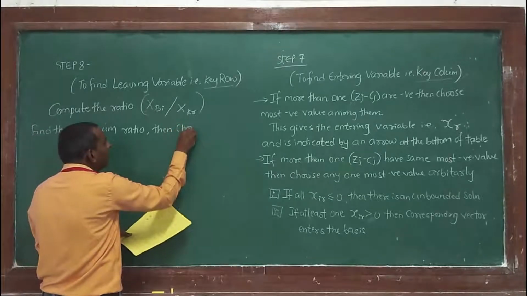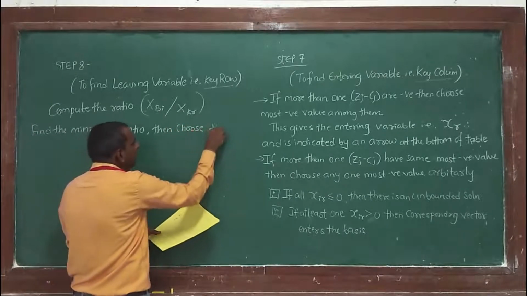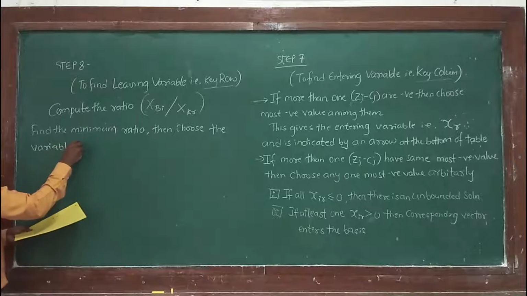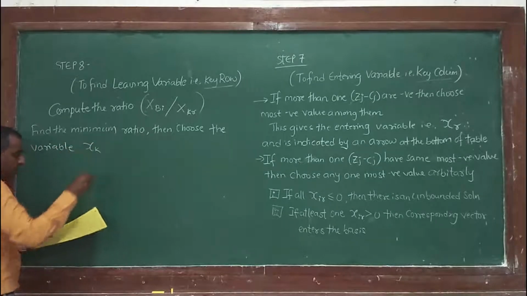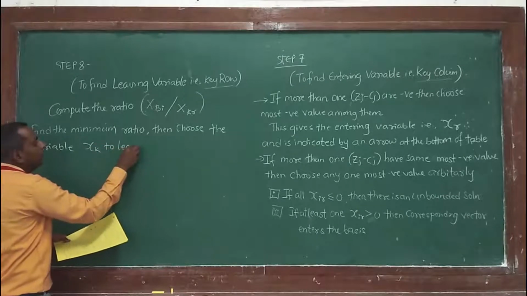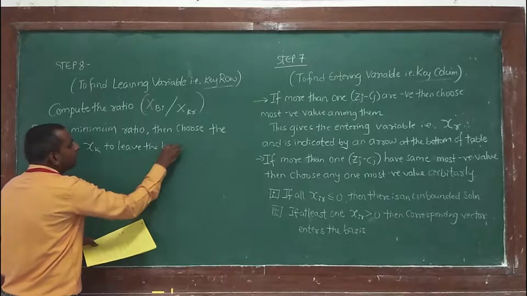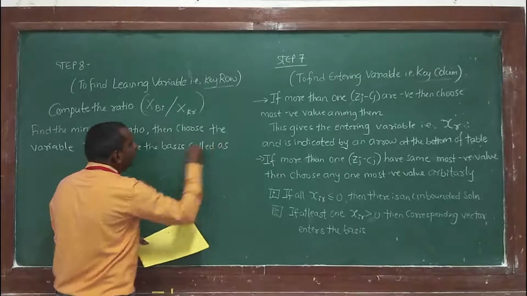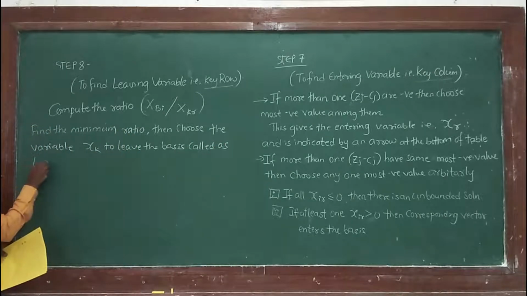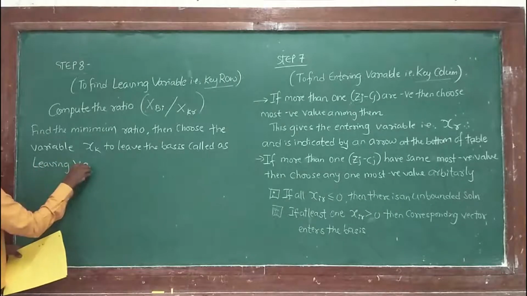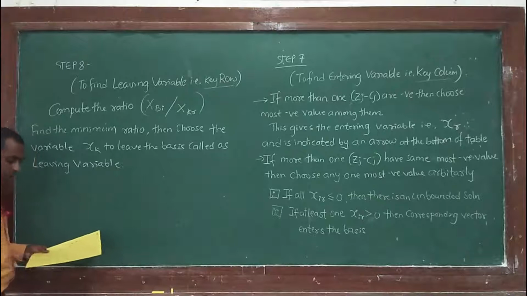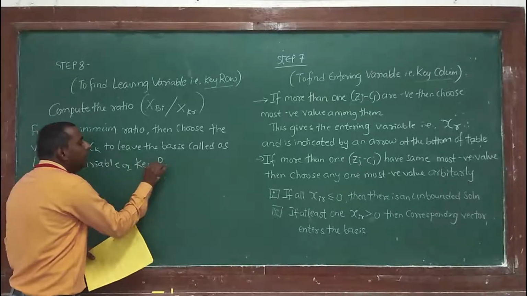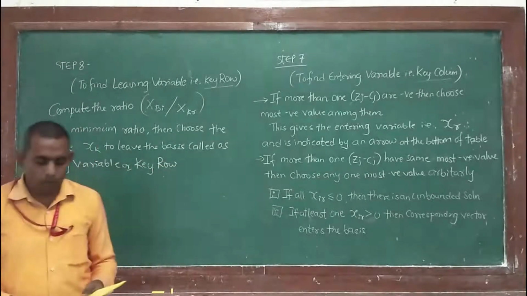Then choose the variable xk to leave the basis, called the leaving variable, which is called the leading variable, or key row.